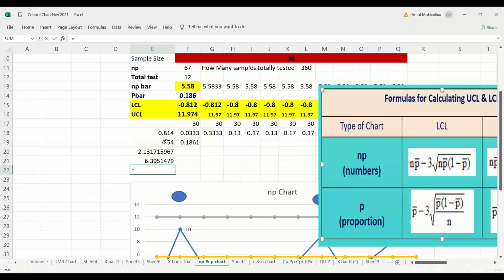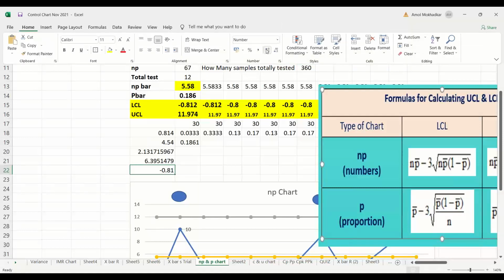Now to calculate the LCL, you will take NP bar minus this value. So 0.8128, so 812 is the value.